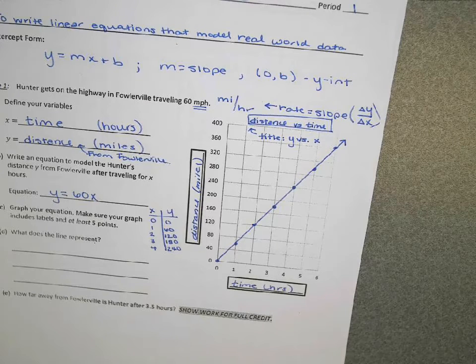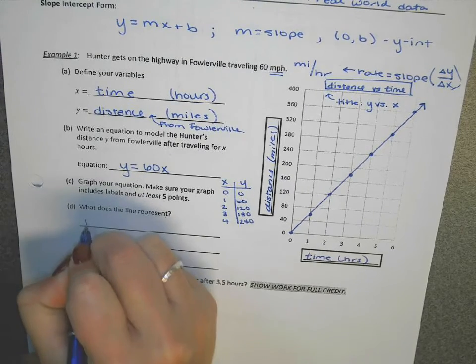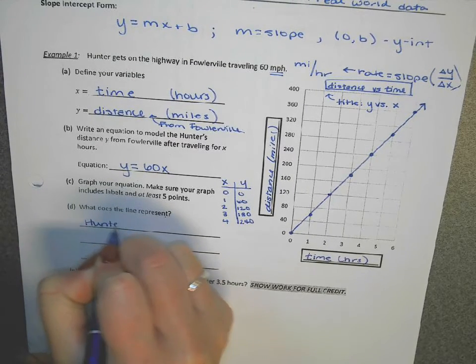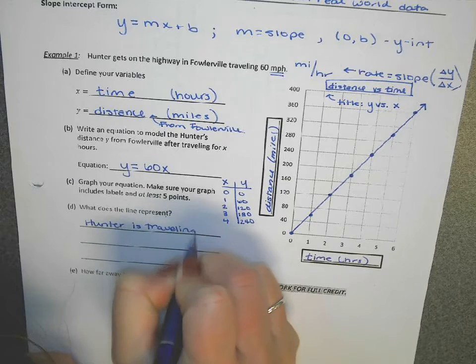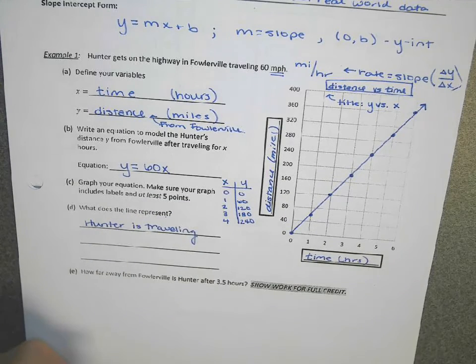So Hunter is traveling at a rate. I'm going to take both of those ideas together and we're going to write a sentence. So the fact that it has a positive slope, the slope is telling us how far he's traveling given an amount of time, and that rate is 60 miles an hour. So we're going to put all those ideas together.